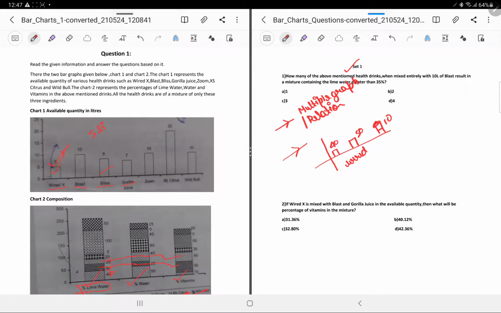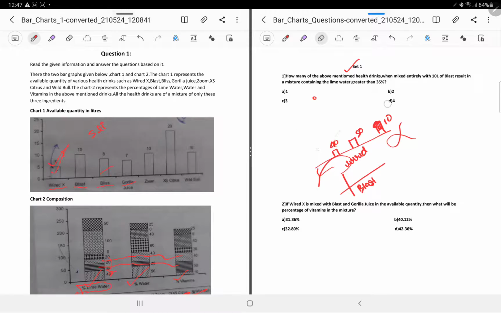Then similarly they could have plotted for Blast. So instead of giving multiple graphs, they have done the combination, and that is what I talked to you about, combined graphs. This is not an example of a commutative graph, it is a kind of combined graph. So this is a very beautiful question and a mixture of both the question types that one can have over the bar chart.